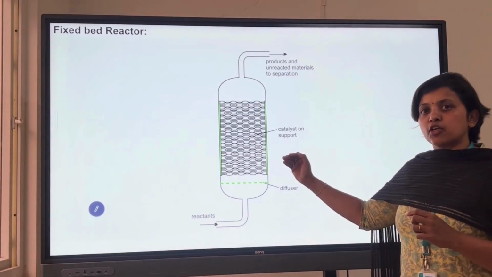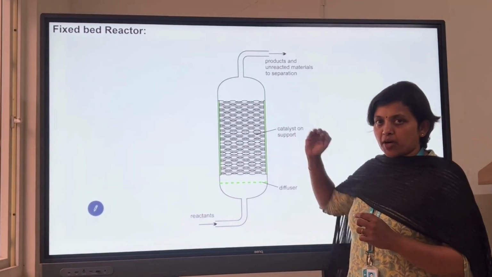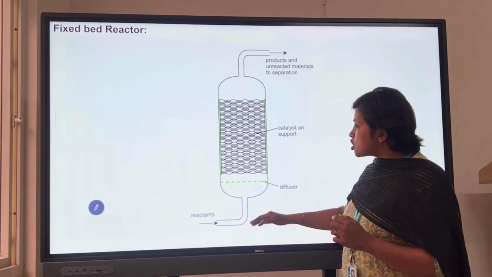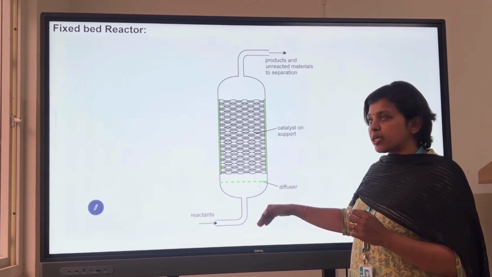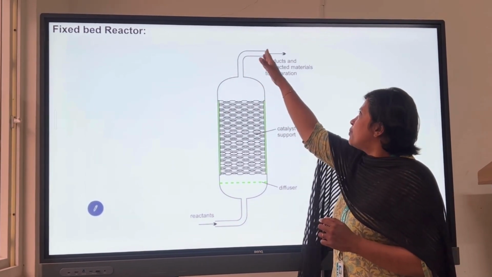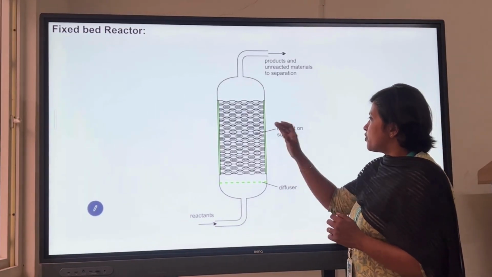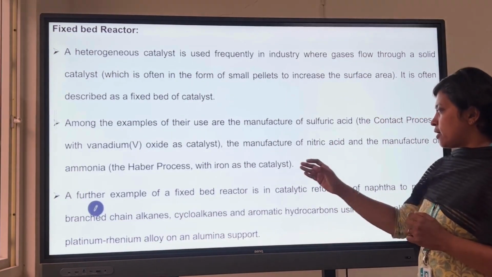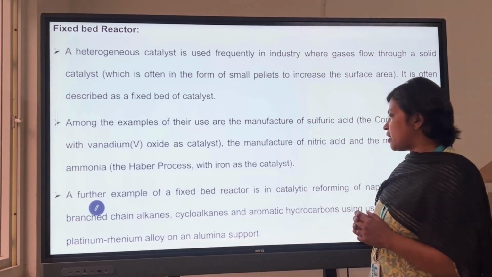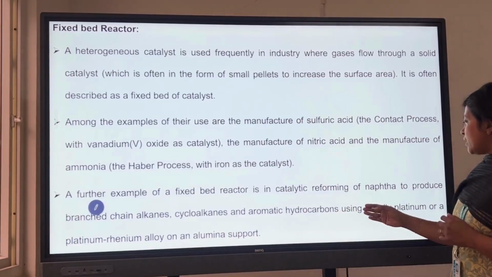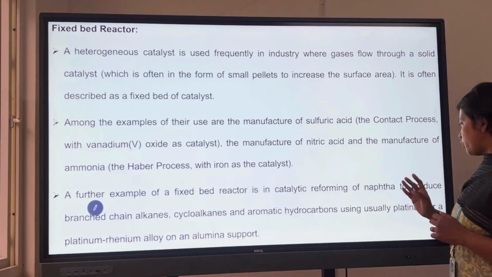The reactant gets converted into product, and through the pressure from bottom to top we can collect the product at the top. So this is the example for the fixed bed reactor. By using the fixed bed reactor we can process naphtha through catalytic reforming.